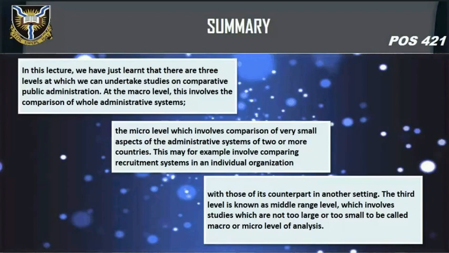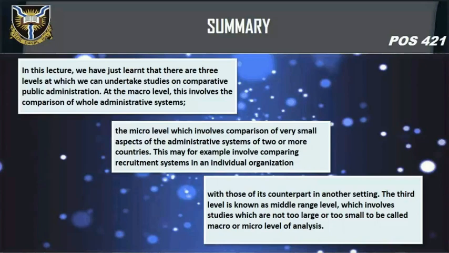Summary. In this lecture, we have just learned that there are three levels at which we can undertake studies on comparative public administration. At the macro level, it involves the comparison of whole administrative systems. The micro level involves comparison of very small aspects of administrative systems of two or more countries.